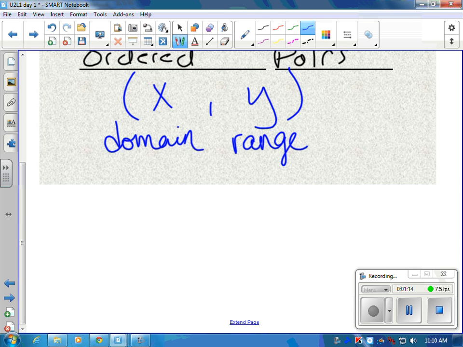The X values are the values that we put into our function. So what do we refer to our X values as? What? Okay, X is the horizontal axis on our graph. What else do we refer to those X coordinates as? They are what we put into our function. What?